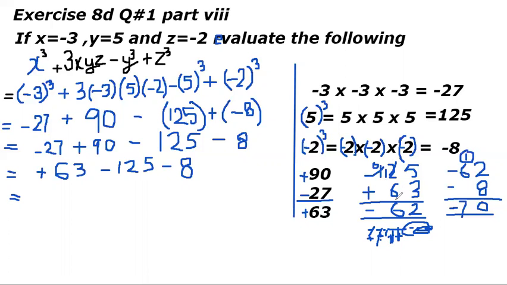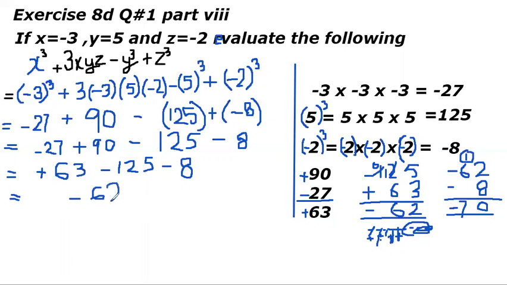If you can't understand, you can watch those videos, then you will understand how negative 125 and positive 63 gives us negative 62. Positive 63 and negative 125 gives us negative 62.